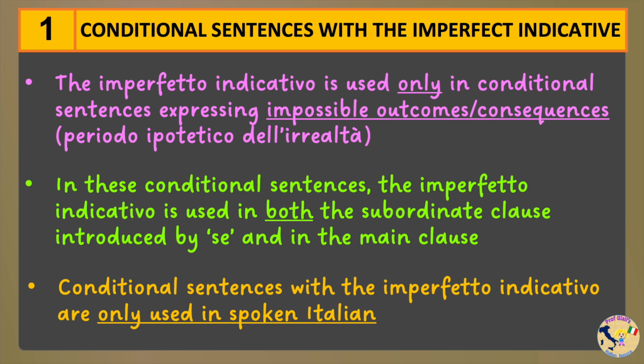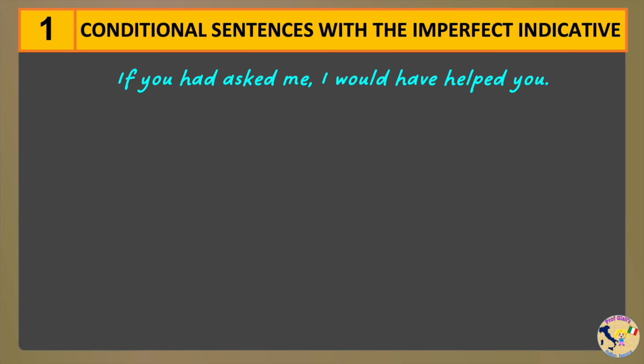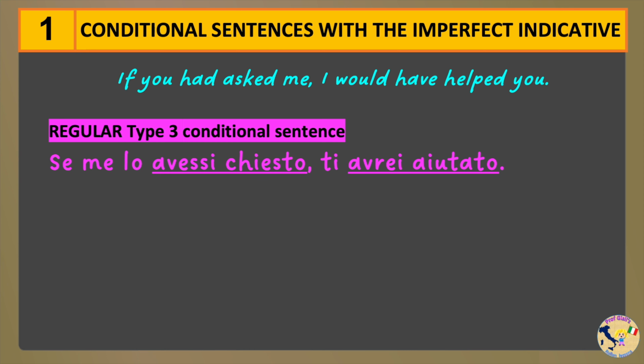Let's look at some examples of these alternative type 3 conditional sentences. Let's take the sentence, "If you had asked me, I would have helped you." The regular Italian type 3 conditional sentence equivalent is "Se me lo avessi chiesto, ti avrei aiutato."